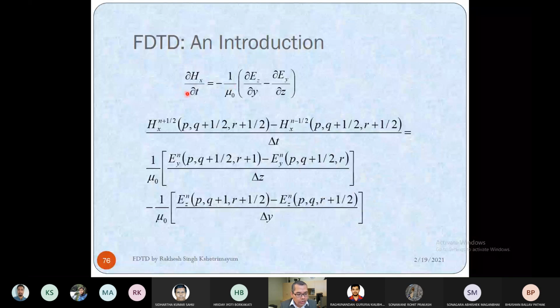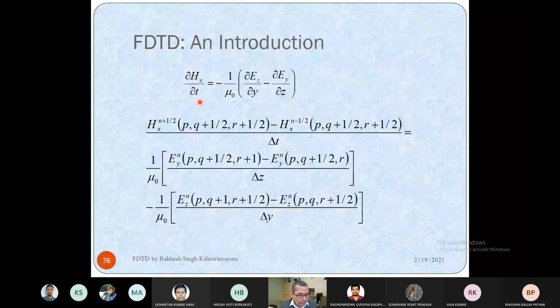Okay, so this is one of the equations. ∂Hx/∂t is equal to -1/μ0 (∂Ez/∂y minus ∂Ey/∂z). Now, if you remember the Yee FDTD cube from yesterday, Hx was in the face of the yz plane.